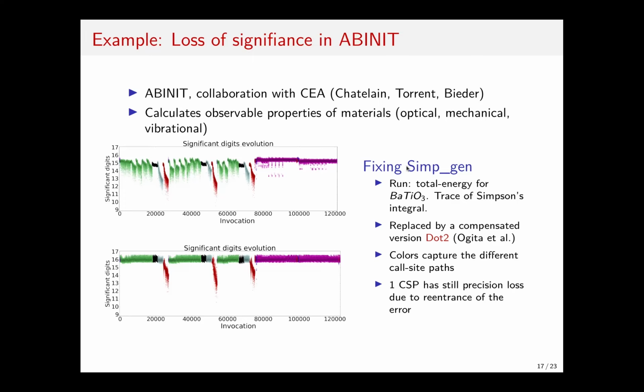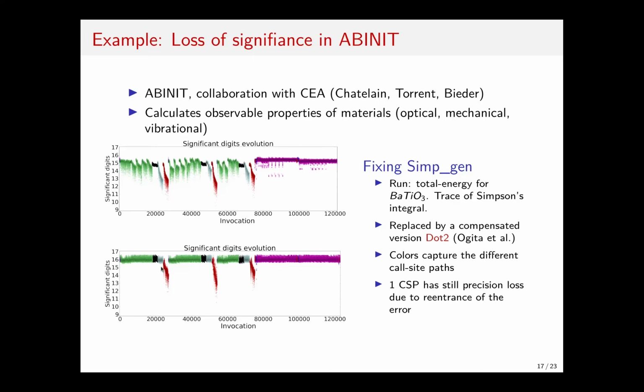And here you can see a trace of accuracy that is obtained with VerifiCarlo. You have the significant digits, and we are solving the total energy for perovskite. You can see that we have a lot of drops of accuracy. Once this was detected with VerifiCarlo, we replaced this integral by doing the summation using a compensated version of the dot product, which is called Dot2, and you can find this in a paper by Ogita in 2006.